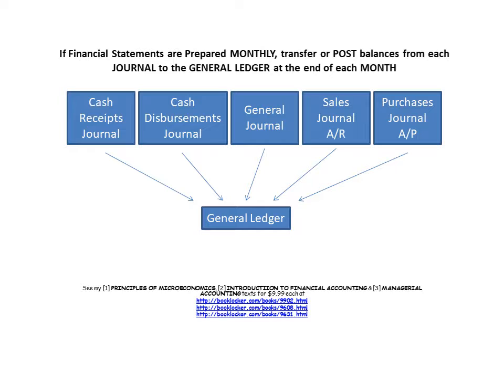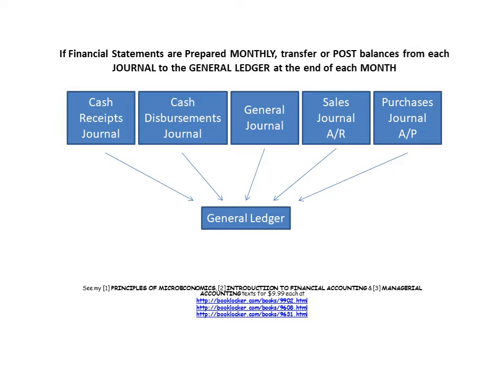So if I've prepared cash receipts, cash disbursements, sales journal, purchases journal, and general journal, and it's month end, I merely transfer all those debits and credits for all those accounts to a general ledger. The general ledger, think of a 3-ring binder, with a separate page for each and every account in your chart of accounts. And if you haven't covered chart of accounts yet, you need to cover that first.